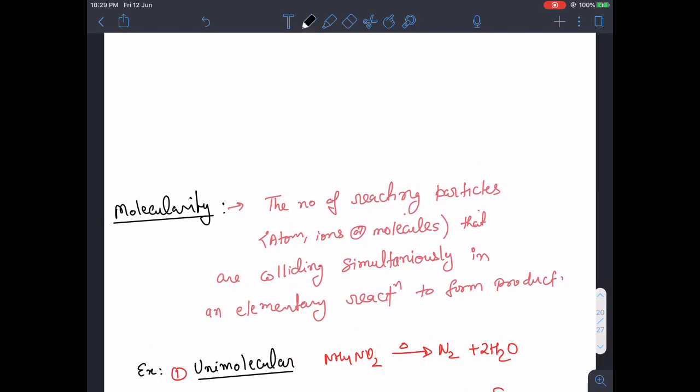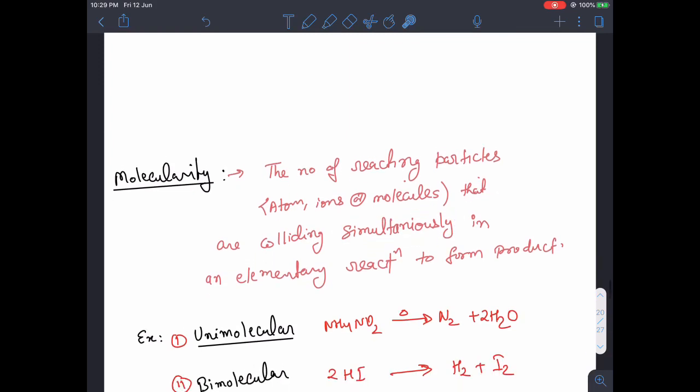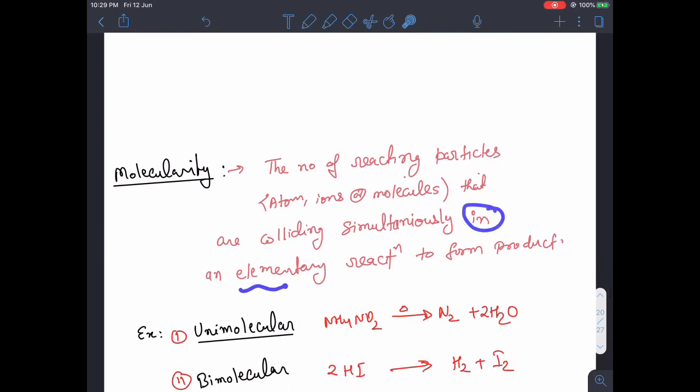Molecularity means the number of reacting particles, which might be atoms, ions or molecules, that are colliding simultaneously, this is the most important word, in an elementary reaction to form product. Now, what does it mean?